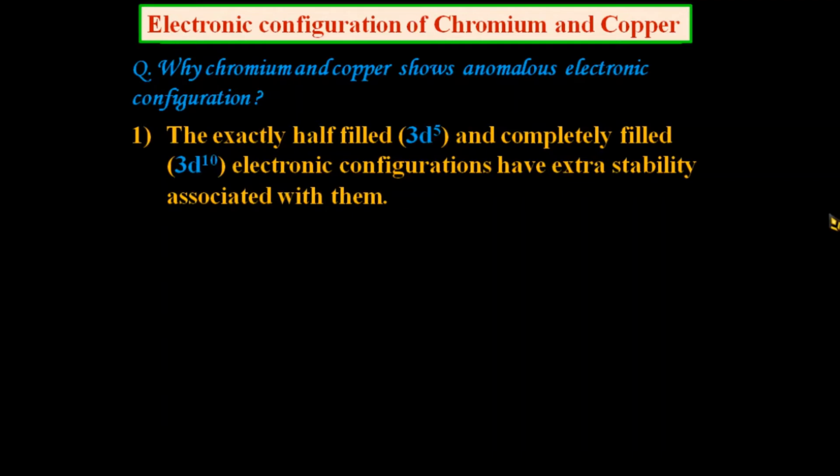Exactly half filled, that is 3d5, and completely filled, that is 3d10, electronic configurations have extra stability. It means that the elements which show exactly half filled or fully filled electronic configuration are highly stable because they acquire extra stability.